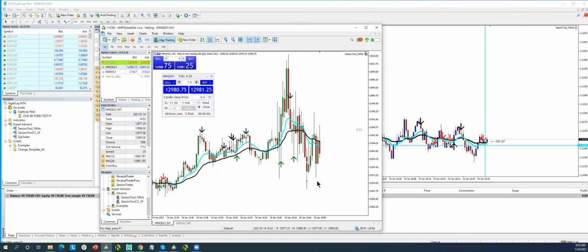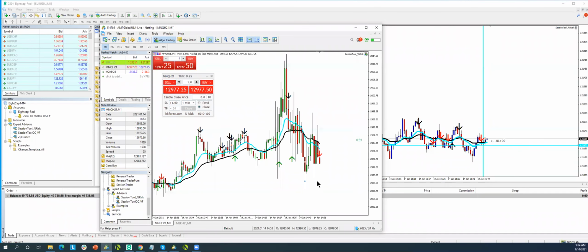And your best chance of doing that is to be on a selective trend structure.